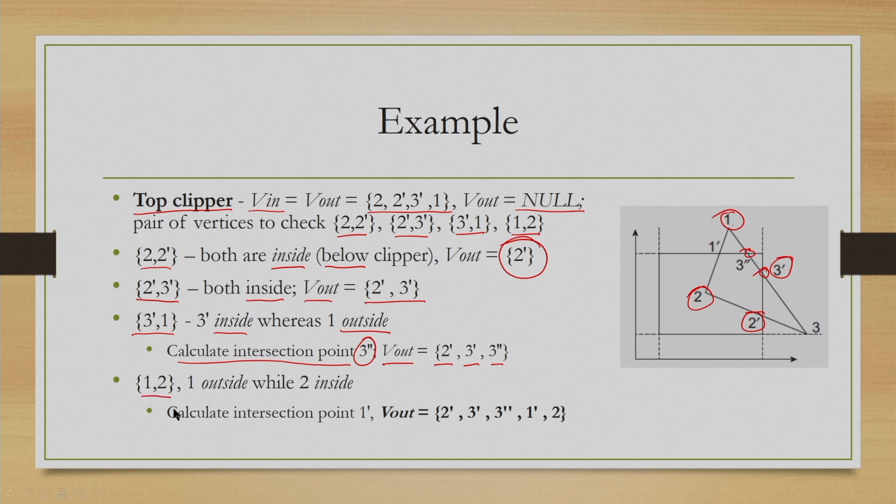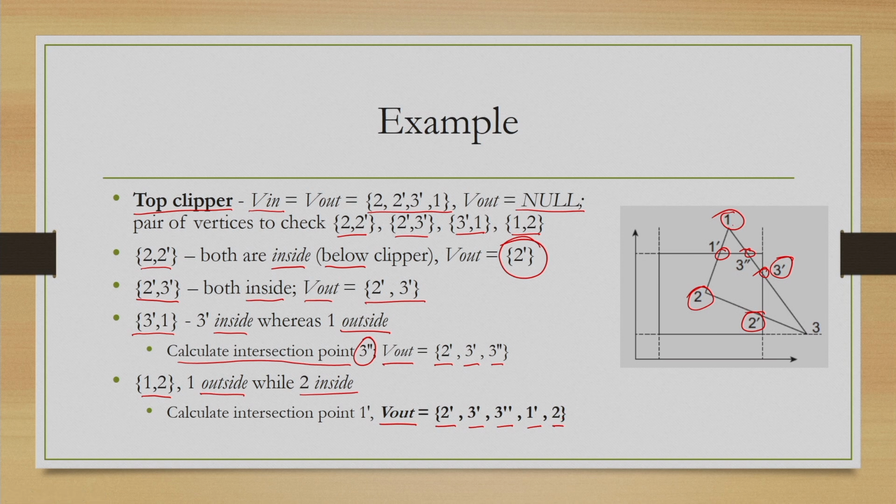Finally, we check 1 2. Here we see that 1 is outside whereas 2 is inside. Then again we calculate the intersection point 1 dash and modify V out to be 2 dash, 3 dash, 3 double dash, 1 dash and 2.